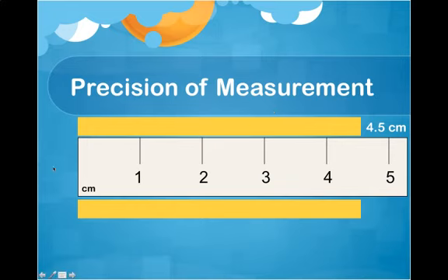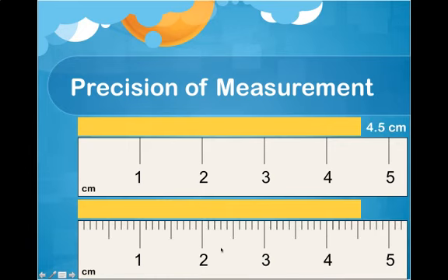Now, if I were to get a more precise instrument, this second ruler goes to the tenths place. We say that it is more precise. If we look at where this falls, we would say that this goes past the 4, so it's 4 point, because these little divisions are tenths. 1, 2, 3, 4, 5, so it's 4.5.